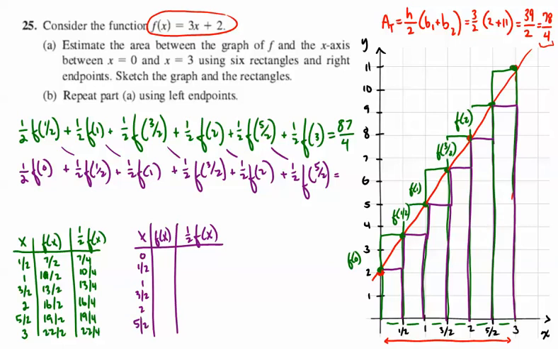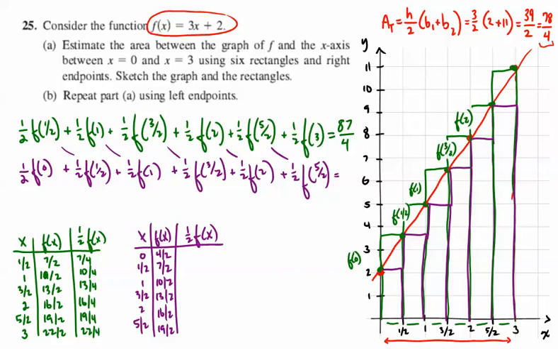So I'm going to get all the values from the other table: 7/2, 10/2, 13/2, 16/2, and 19/2. The first one would be 4/2, or 2. 3 times 0 is 0, plus 2 is 2, and that's 4/2.